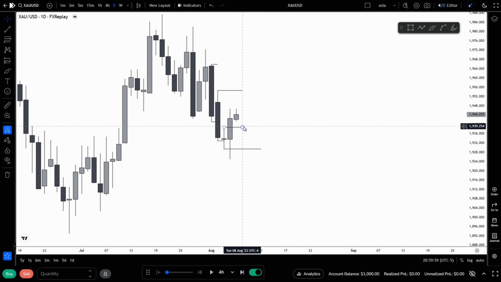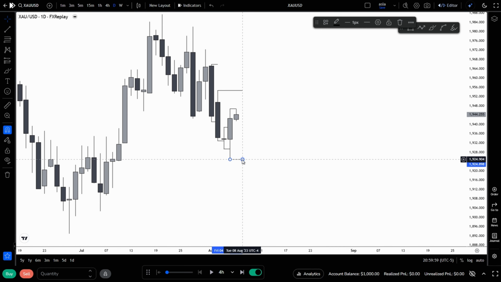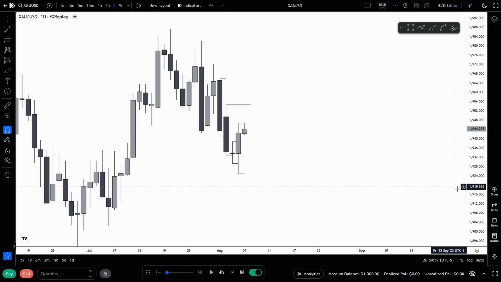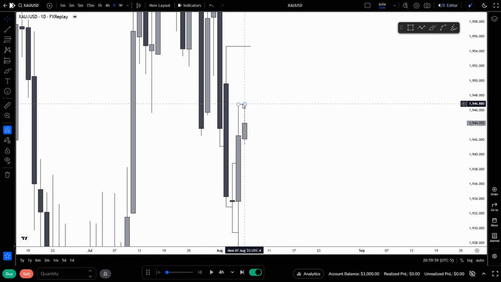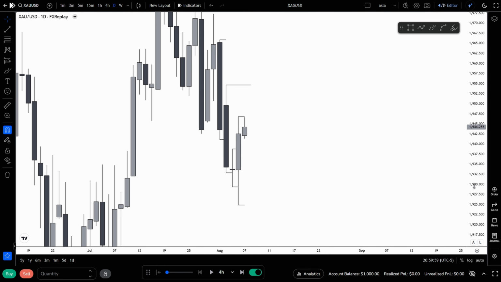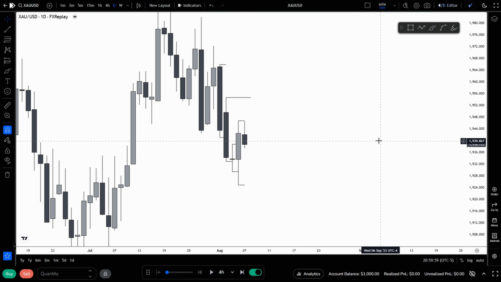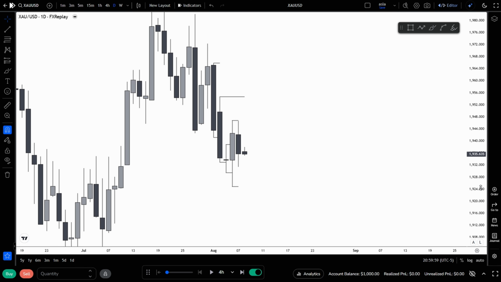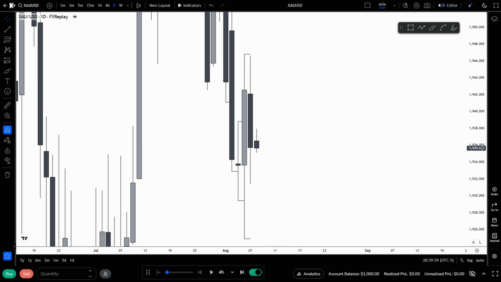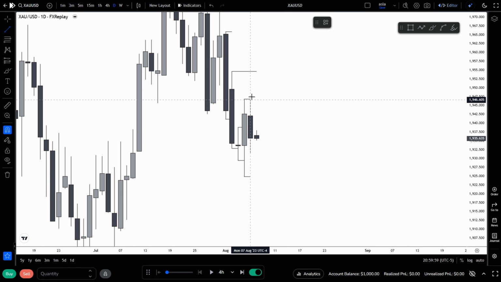Then we see price take liquidity on both sides and form an outside bar. After an outside bar like that, I'd like to see continuation higher into previous day high, because once both sides of liquidity are cleared, price often seeks the next external pool. Here we just barely miss previous day high. So we go ahead and mark out our new previous day high and low.